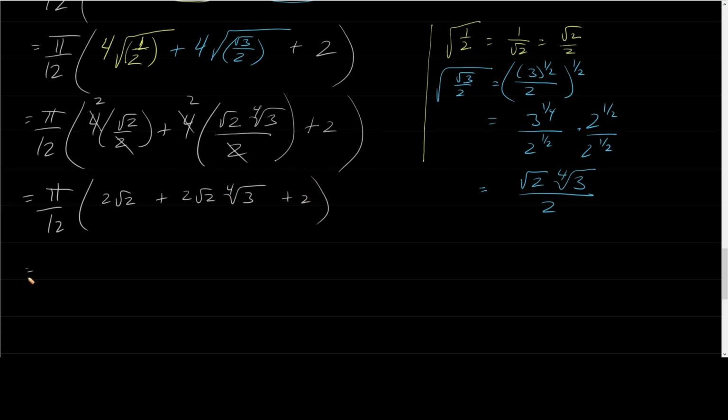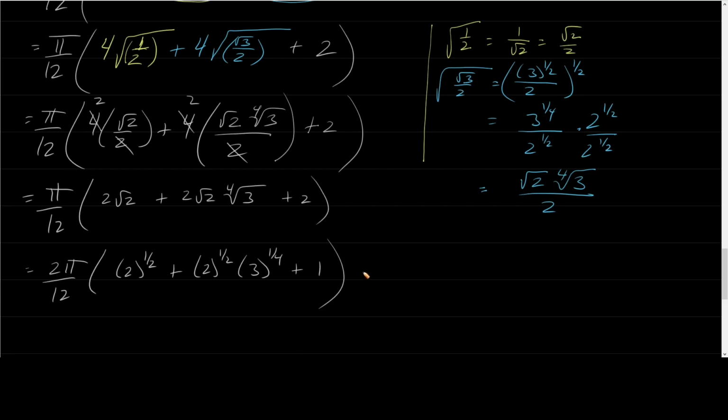And what I'm going to say there is, I see that all of these have a 2, so I can factor out a 2. If I factor out a 2, I end up with 2 pi over 12 times, I'm going to write this as 2 to the 1/2 plus 2 to the 1/2 times 3 to the 1/4 plus 1.